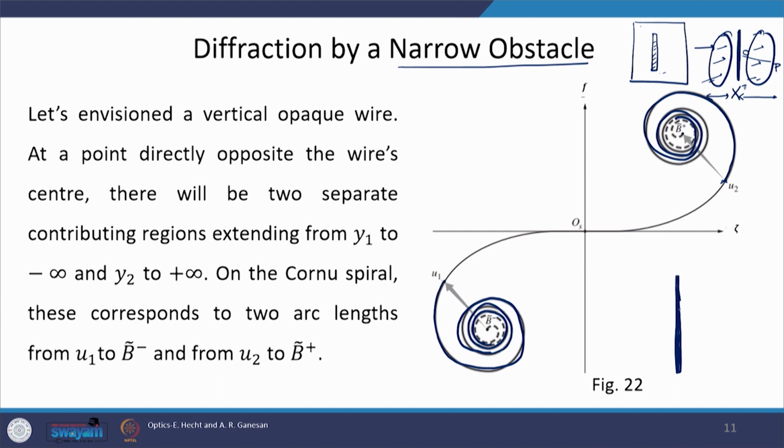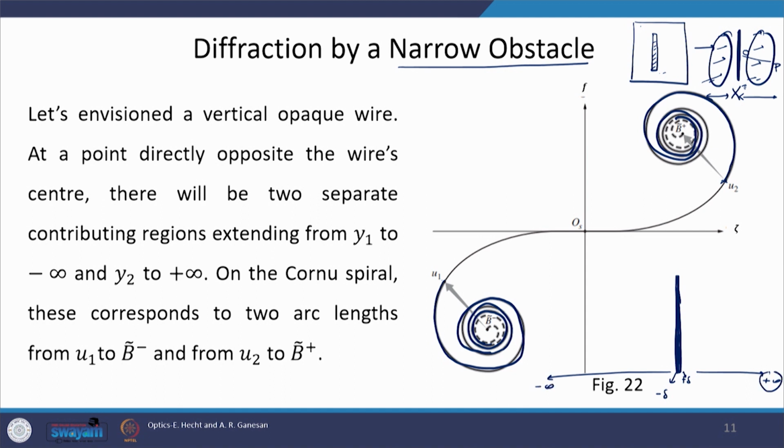Now, you see that the wire is obstructing the light coming from the source, and you can assume that the light received at the screen extends from this point, say named plus delta, till plus infinity, and this edge has coordinate minus delta and extends till minus infinity.